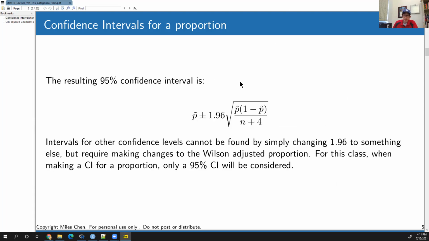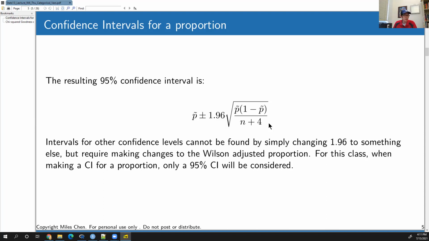And so once you calculate your adjusted proportion, p tilde, you can get your confidence interval. The resultant confidence interval is just p tilde plus or minus the margin of error. Your margin of error is going to be 1.96 times the standard error. The 1.96 comes from the normal distribution where your middle 95% lie.